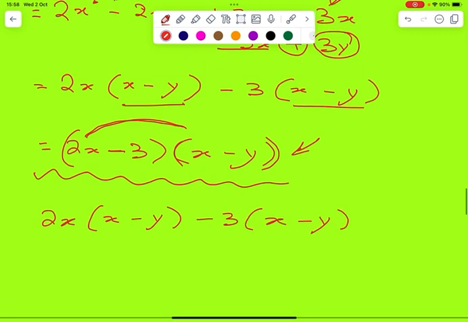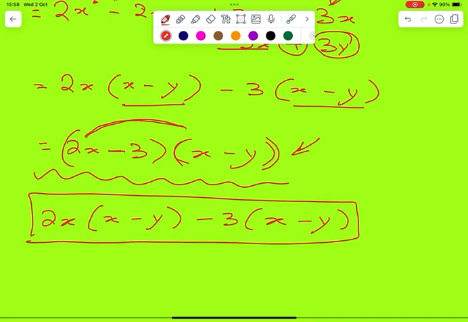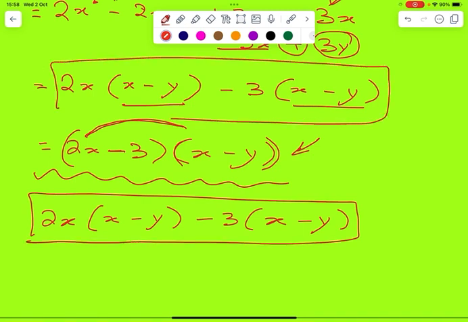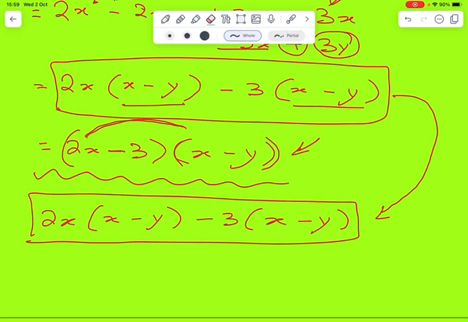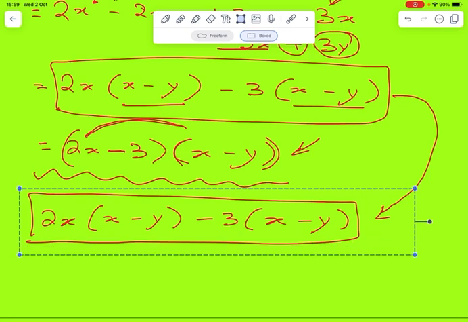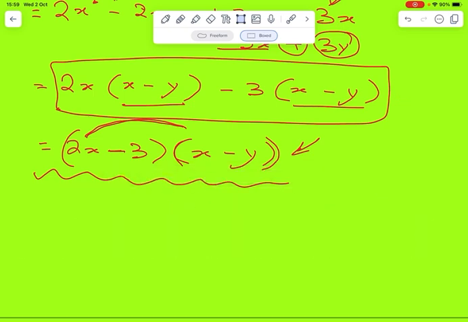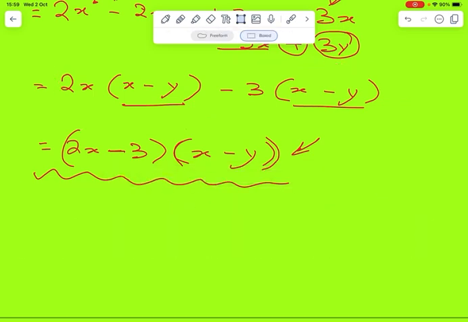You see, so this is exactly the same as what we have here. So we are just moving forwards and backwards, expansion and factorization. Nothing much, don't worry so much. Let me just erase this one so as not to get yourself confused. So done deal.